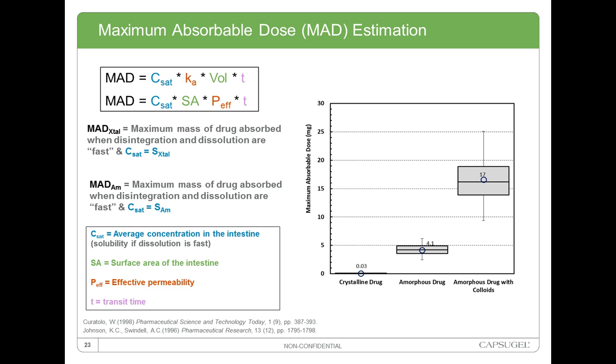Another thing we do in early formulation is try to estimate how much drug could be absorbed from an ideal crystalline formulation, such as one that's micronized or nanomilled, and an ideal amorphous drug formulation, where the solubility is higher. So a MAD calculation, or the maximum absorbable dose calculation, is a fairly simple calculation that involves the solubility of the compound and some physiological parameters depending on the species involved, and then the permeability of the compound across the membrane in that species.